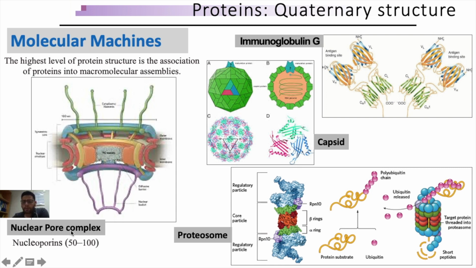For example, the nuclear pore complex, which consists of roughly 50 to 100 nucleoproteins and is fundamental to nuclear import and export. The capsid protein encases the viral genome. Proteasome machinery is important to maintain protein turnover in the cell and to degrade different proteins.